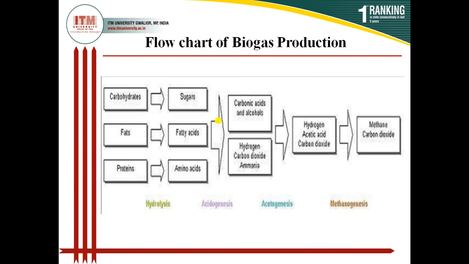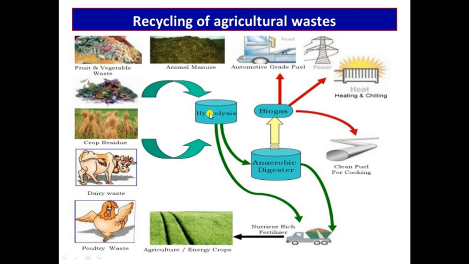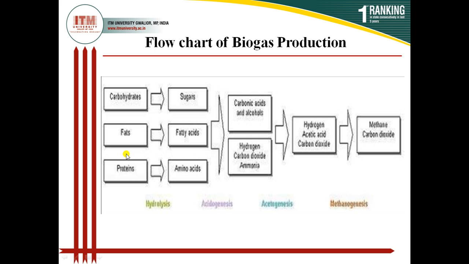So how does this biogas work? As you see here, the waste first goes to hydrolysis, then anaerobic digestion. The waste materials are rich in carbohydrates, fats and proteins, which are complex organic compounds.